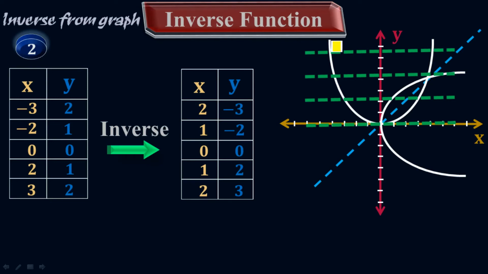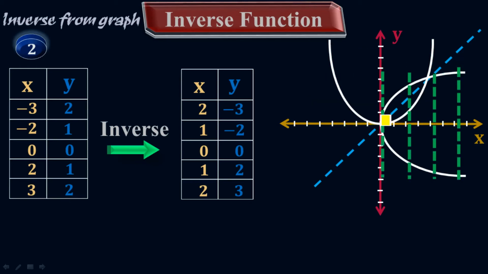Now, ultimately these horizontal lines become the vertical lines for the inverse graph. Can you see that the inverse graph also does not satisfy the vertical line test? For the inverse to be a function, it must satisfy the vertical line test. The inverse graph fails here because it touches the graph here and here, and similarly here and here.